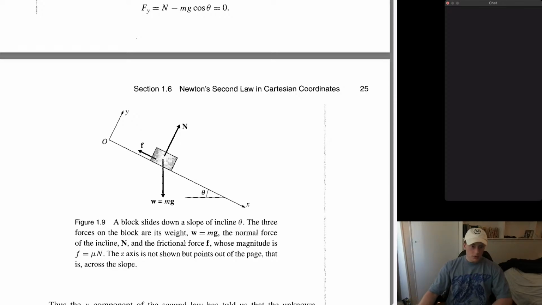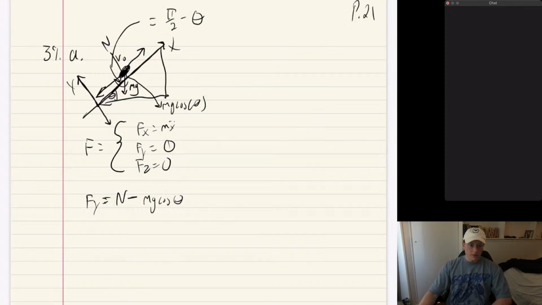Okay, I think I get it. Let me bring it back to my iPad. So I wrote down this. Okay, so that's Fy, and we know that this is 0. So we have N is equal to that.